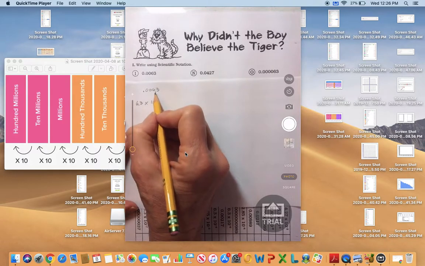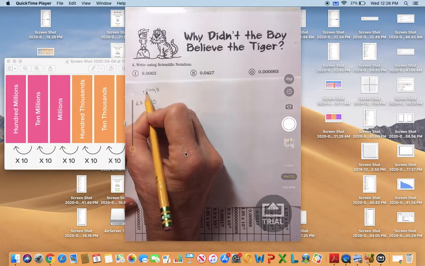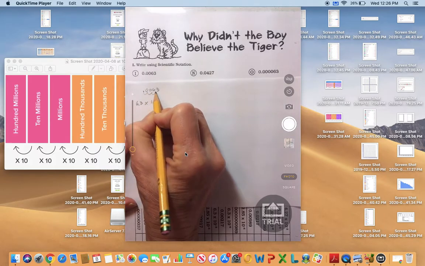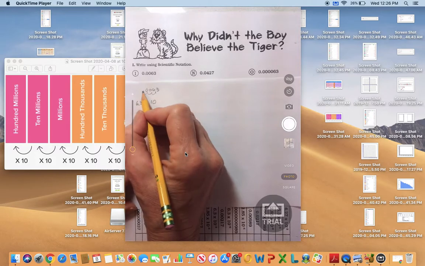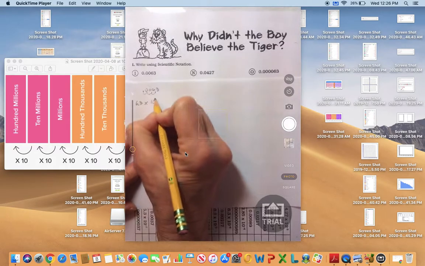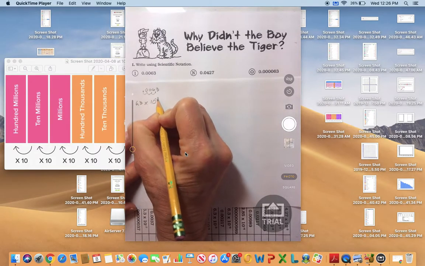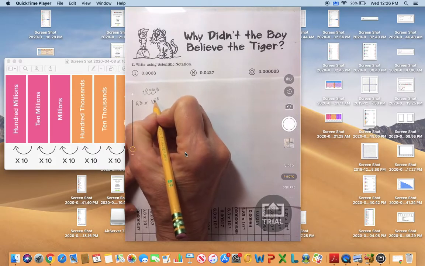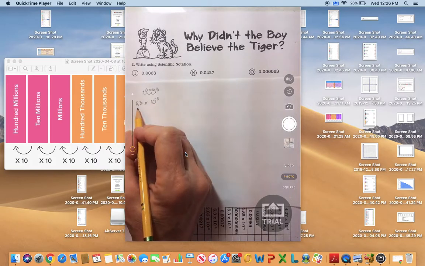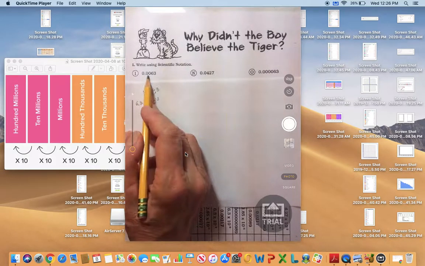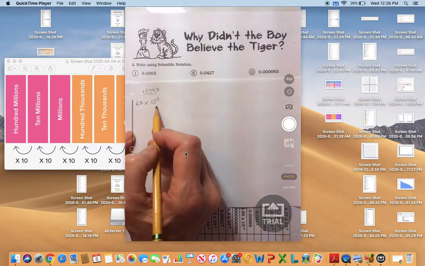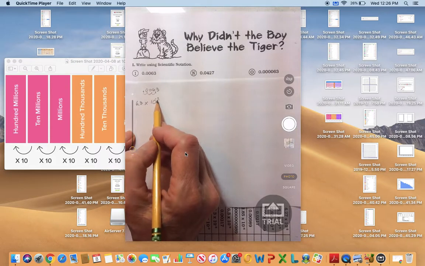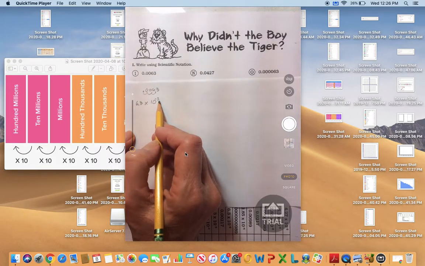So we'll count the place values: 1, 2, 3. 3 place values away from where it was originally. So that means that our exponent is going to be a -3. Again, we're working with a very small number, and we're turning it into scientific notation. So with very small numbers, the exponent is going to be a negative exponent.